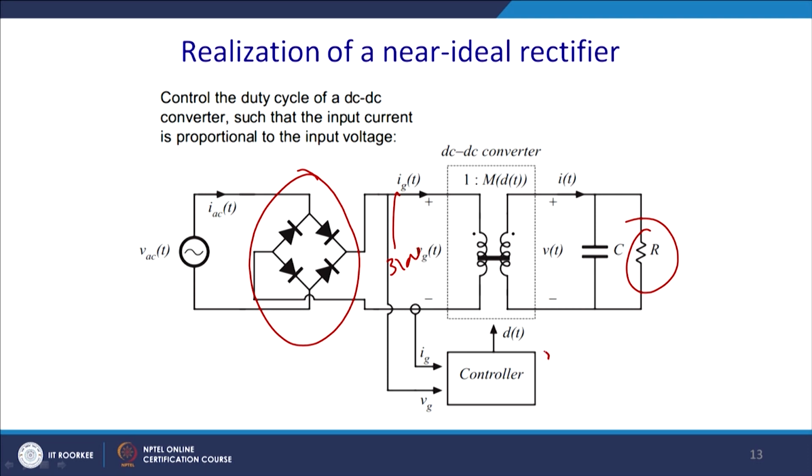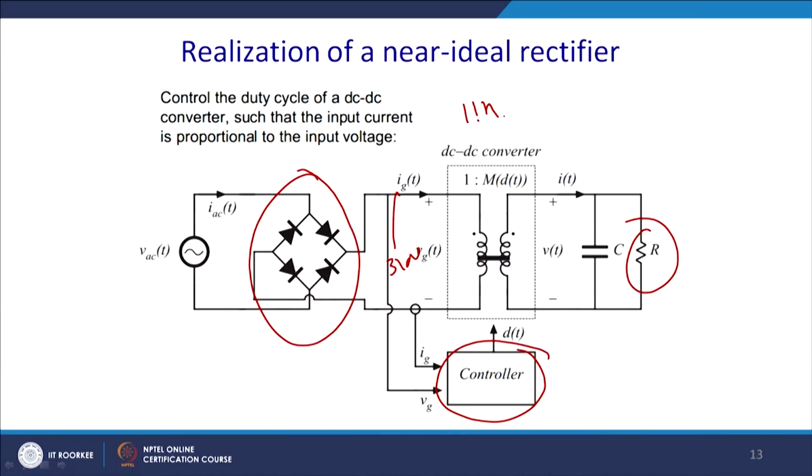So, here you have a control and power will flow from it, and the duty ratio instead of 1:n will be multiplied by the modulation index of the switching of the converter, and you will be stepping down maybe 1:n.